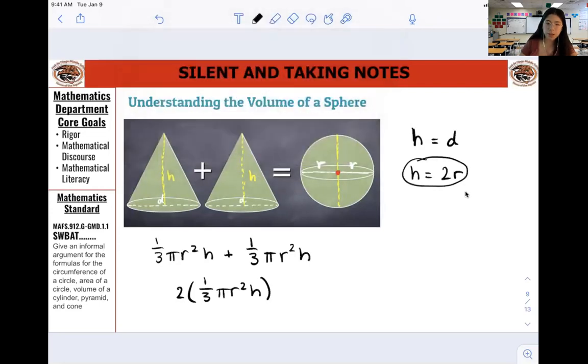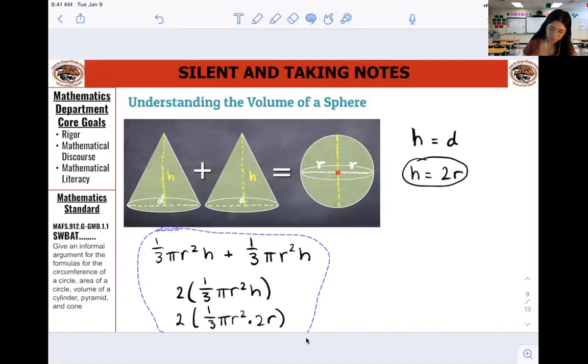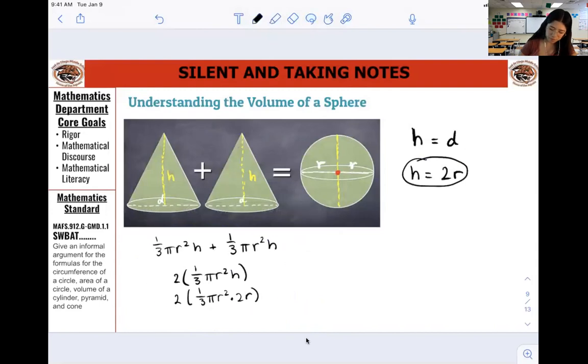So what I'm going to do is plug that in. Instead of writing h, I'm going to write 2r. So instead of writing h, I wrote 2r. Now I know that this is looking a little bit complicated right now, so let me simplify a couple of things.